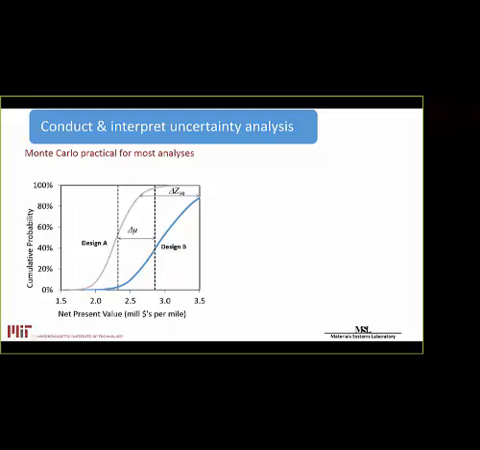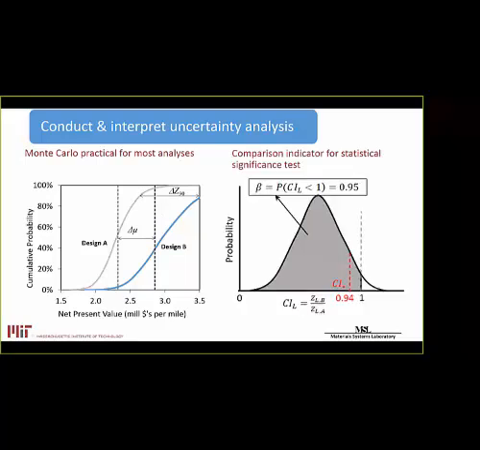This would be differences in the means, or we can also look at differences at the 90th percentile values. So that's one way to do it, but another approach is to actually try and look at what's the statistically significant difference between the alternatives as well. And generally what we use is called a comparison indicator, and this is basically where in each simulation we calculate either the ratio between the two values, or another way is just to do the differences.